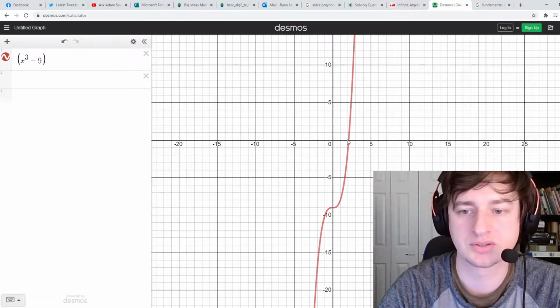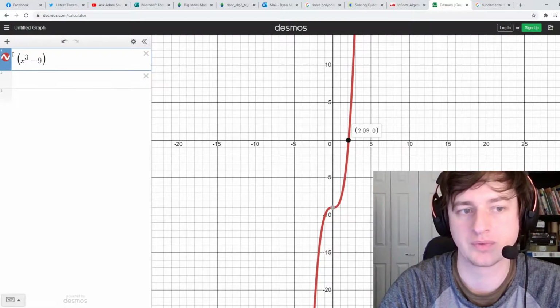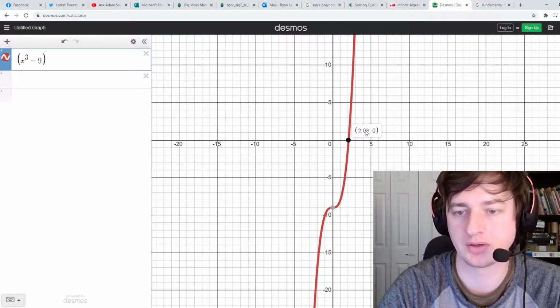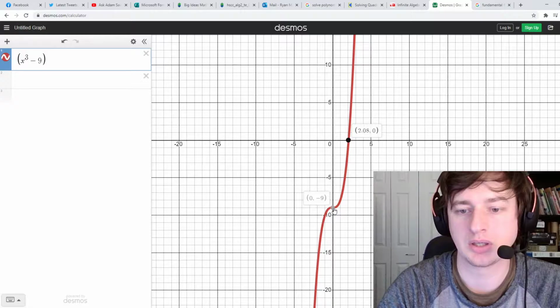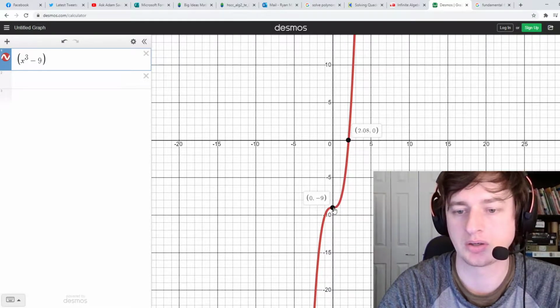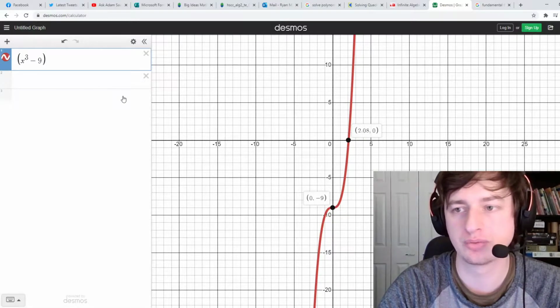Well, this has one real solution, and we wouldn't do this problem because the solution is not an integer. And then it's going to have an imaginary solution. It's got this little curve right here, like in a cubic function. This means that there are imaginary solutions: one real solution, and then two imaginary solutions.